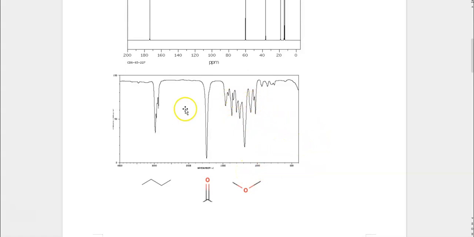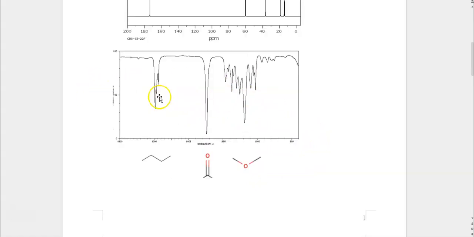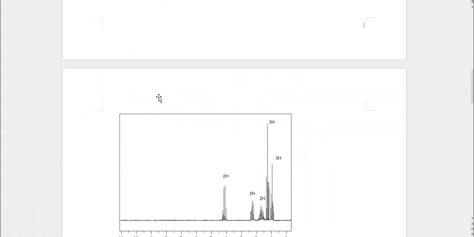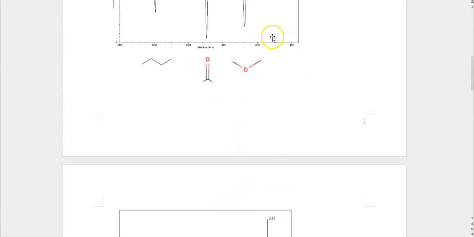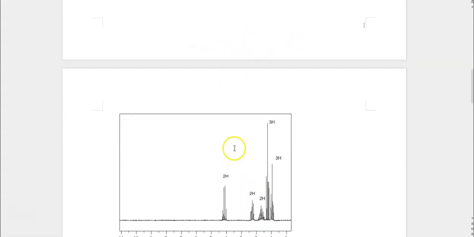So I began to piece the structure together, in which in this chart right here of the 1H NMR spectrum, the 4.1 would indicate that there is a carbon right next to an oxygen atom, particularly a single bond like right here.